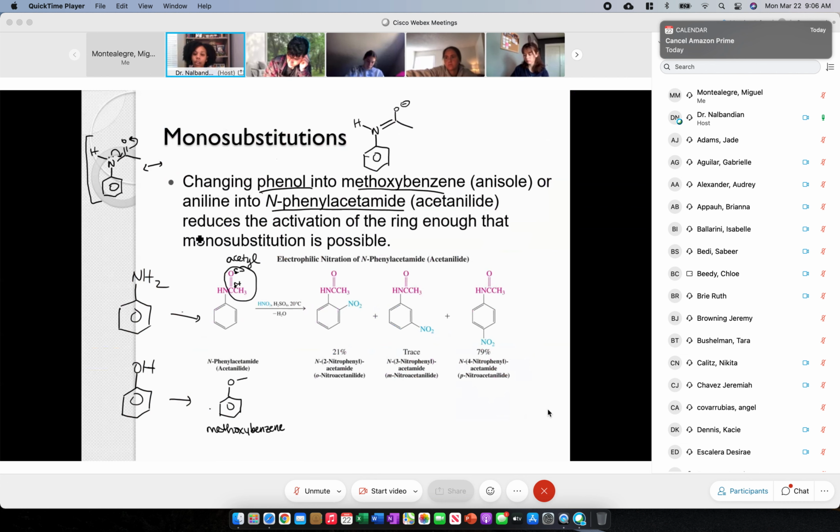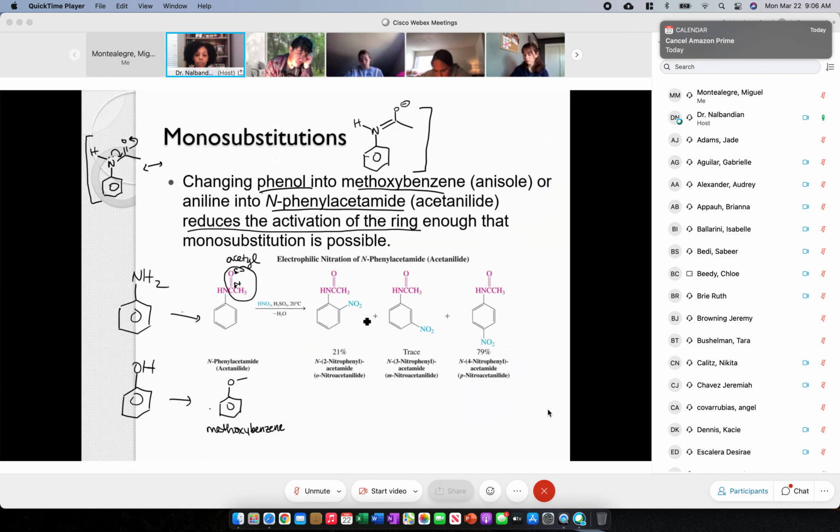So we're pulling out our electron density. Instead of just having that lone pair available to donate into the benzene ring, now the lone pair can either go into the benzene ring by resonance or can go into the acetyl group by resonance. And so that pulls out some of that electron density, so it reduces the activation of the ring.